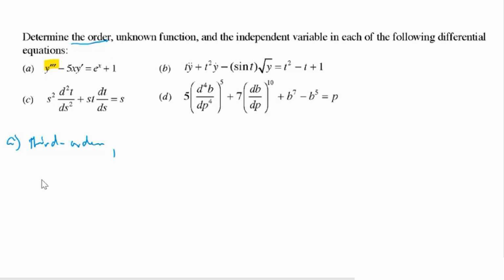Then the next question is the unknown function. What is now the unknown function in the equation y triple prime minus 5xy prime equals e raised to x plus 1? In that case, class, the unknown function is y.